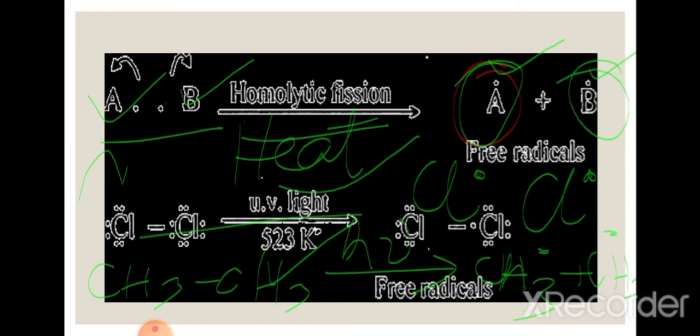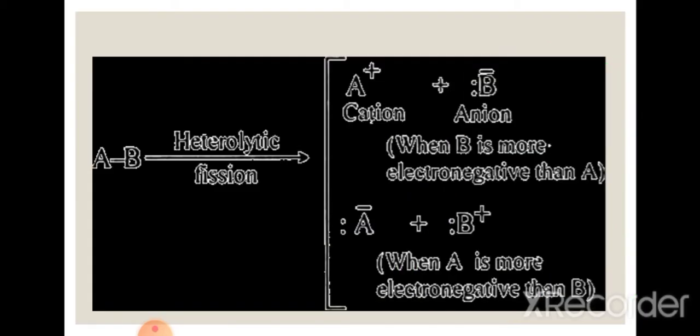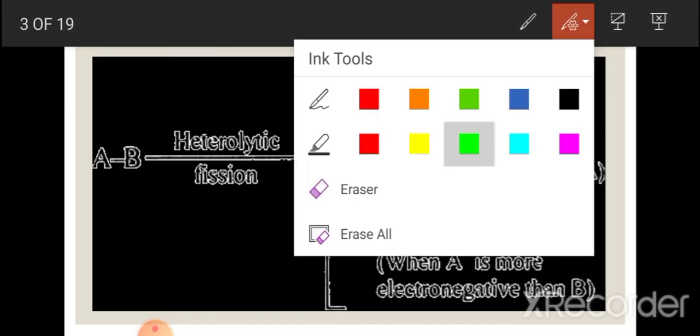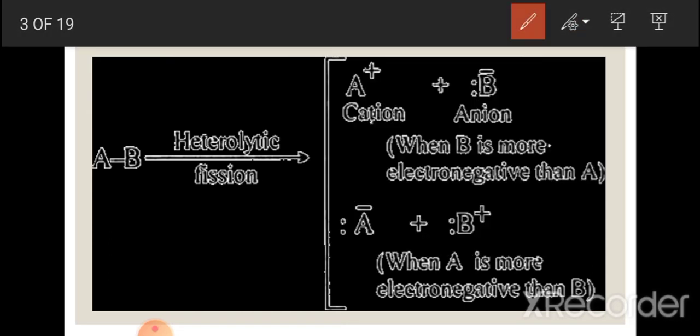Now let's see what is heterolytic fission. Heterolytic fission is also called unsymmetrical fission. In this fission, cations and anions are formed. The bond breaks in such a fashion that the shared electron pair remains with the atom which is more electronegative.